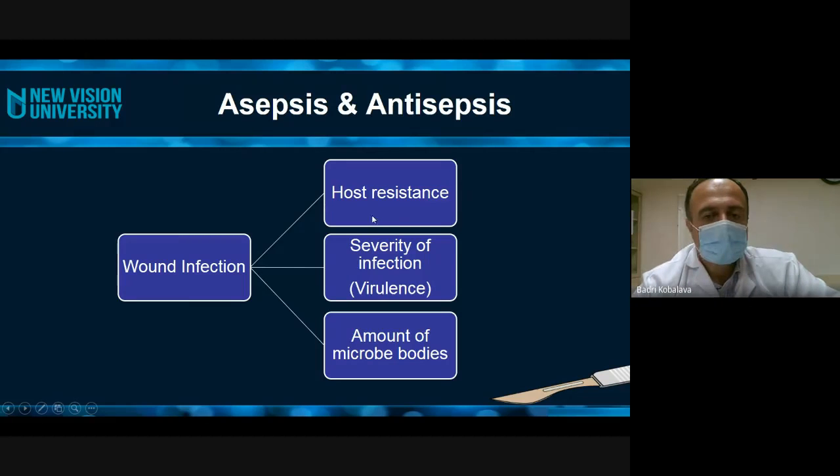It is resistance of the organism, because the immune system is dedicated to fight against infection. Also, virulence of the microorganism is important, and the amount of microbial bodies. Too many microbial bodies can lead to surgical site infection. Too small an amount can be eliminated by the immune system.